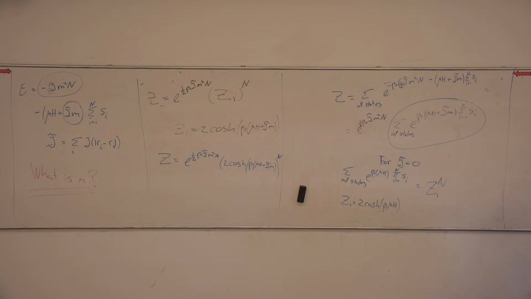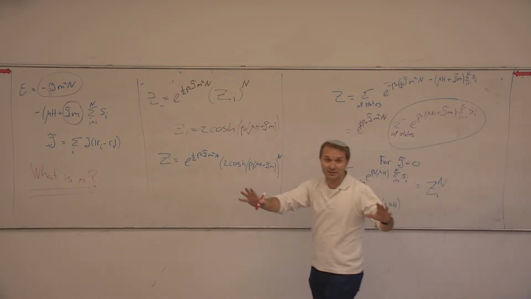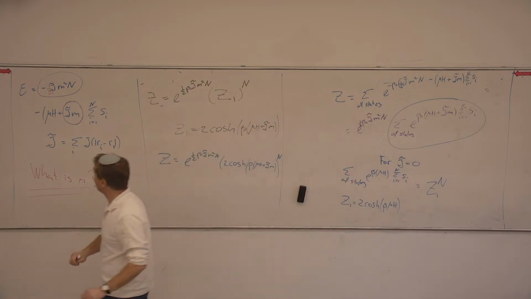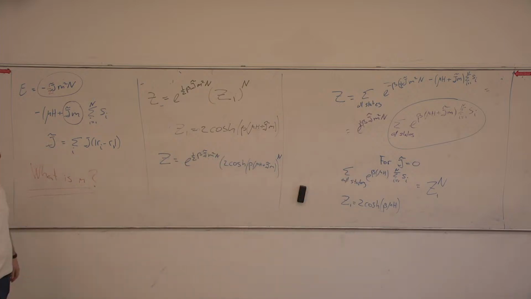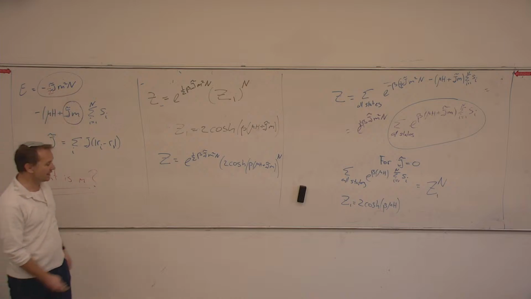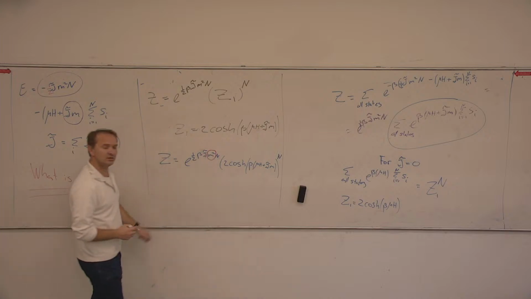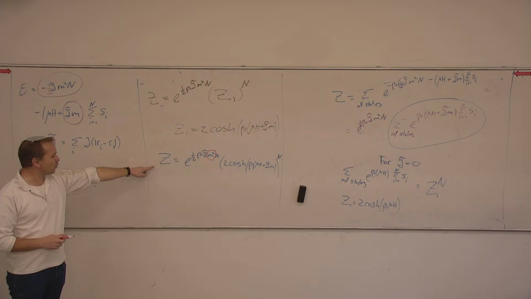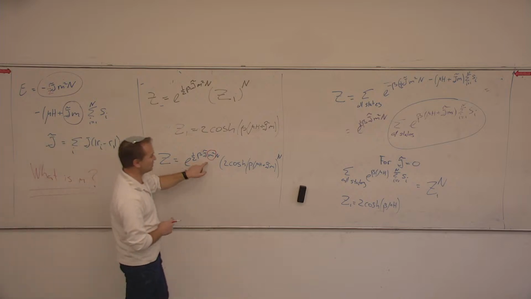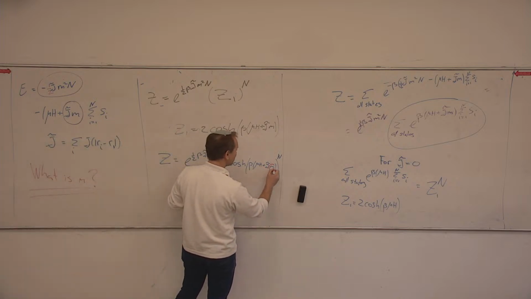Every time we manage to calculate the partition function, the usual idea is we've finished. But this is not the case here. Why is it not the case? What was the problem when we described the energy? We had no idea what this M is. And this M sits in our formula for the partition function. It sits over here, and it sits over there.